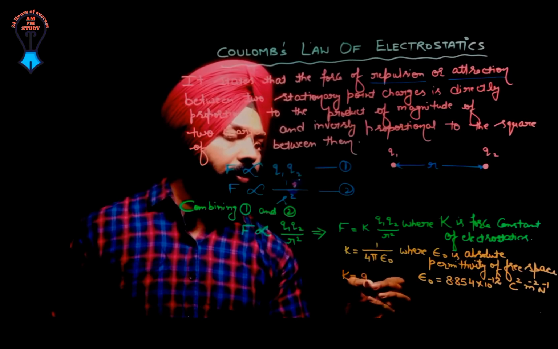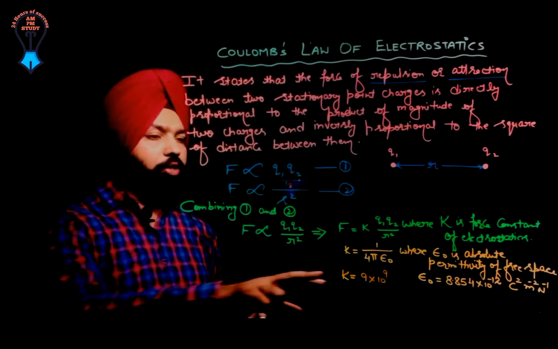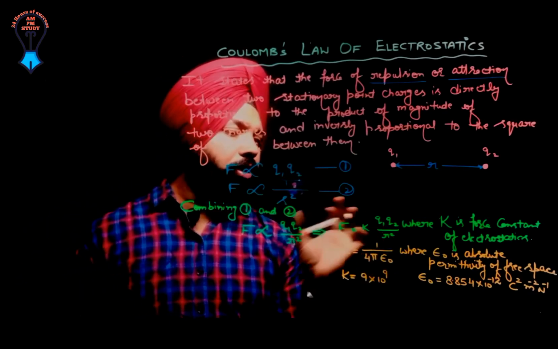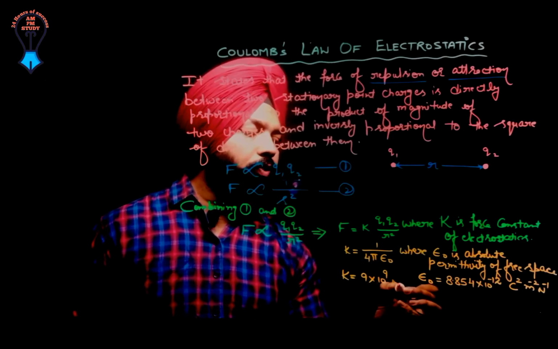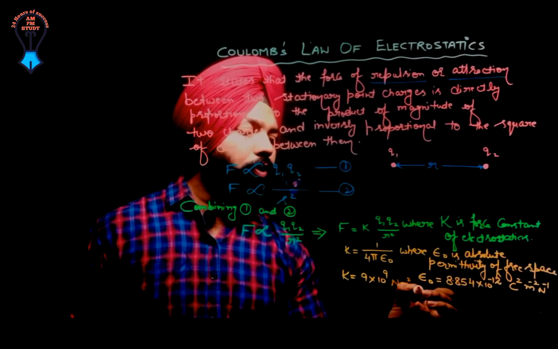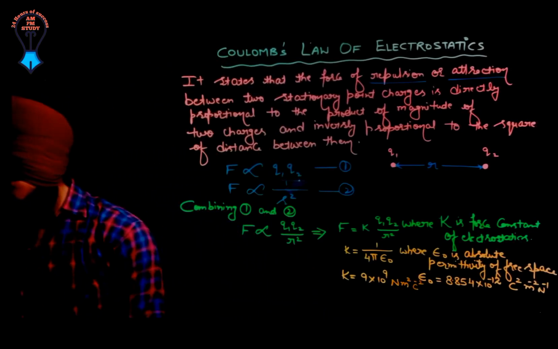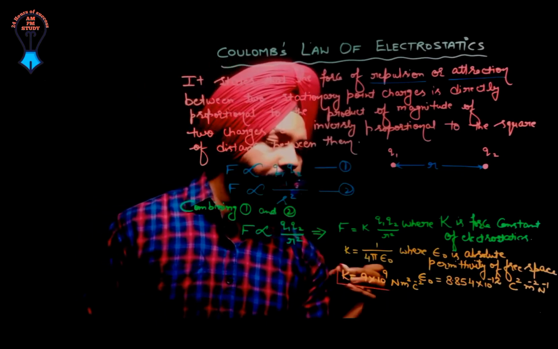So k will become 9 into 10 raised to power 9. This is the value of k, and the unit can be written from this relation again. So the unit is Newton meter square coulomb inverse 2.